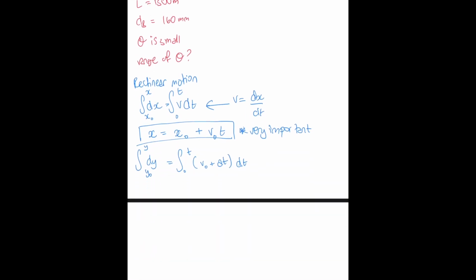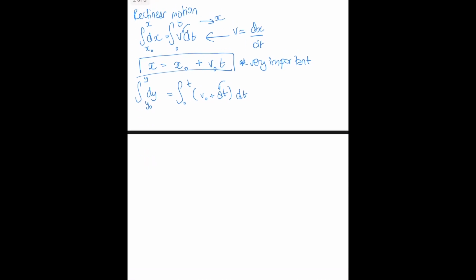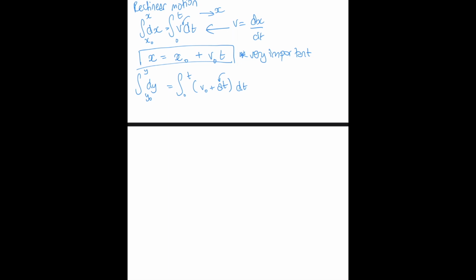So that's going to be our acceleration term over here. Technically, we have an acceleration term over here as well, but because this is in the x-axis, there's no acceleration at play. So to integrate, we're going to get y is equal to y naught plus v naught times t plus the acceleration, which is half g t squared. This is another very important equation that we're going to need to remember for future problems.